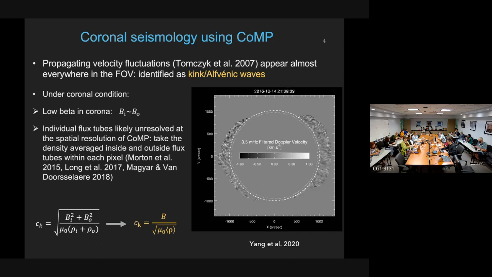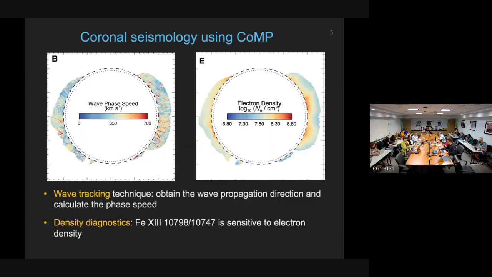This is very similar to the Alfvén wave equation. From this equation, we see that if we have the phase speed of these waves in the corona, and we can also measure the density in the corona, then we will immediately obtain the magnetic field strength. So that's the basic idea of the 2D coronal seismology using CoMP and UCoMP.